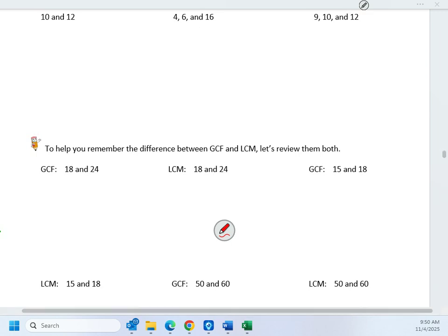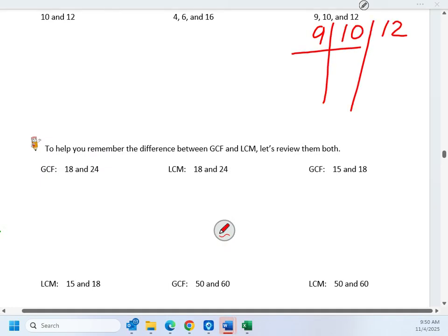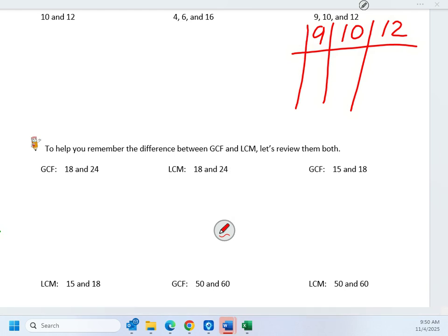If I use the table method for that, what number should I pull out? Michael? 2. I pull a 2 out. Can I divide 9 by 2? No. So what am I going to put? 9. I'm going to bring that 9 straight down.